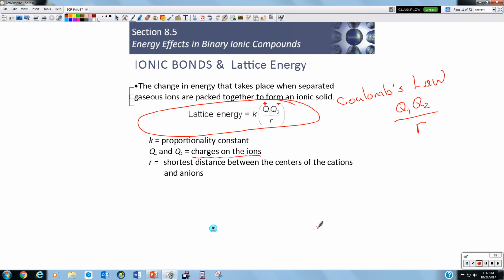Now, I am never going to ask you to calculate this equation. You will need to be able to know the equation. Don't worry so much about the K. This is all I really need you to know: lattice energy is Q1, Q2 over R. All right. And when it talks about the radius, kind of just think about the actual atoms.